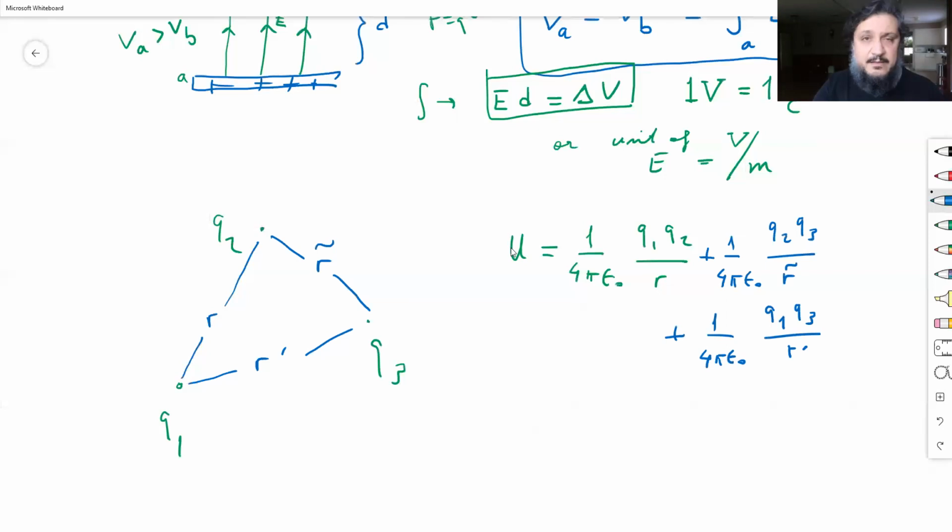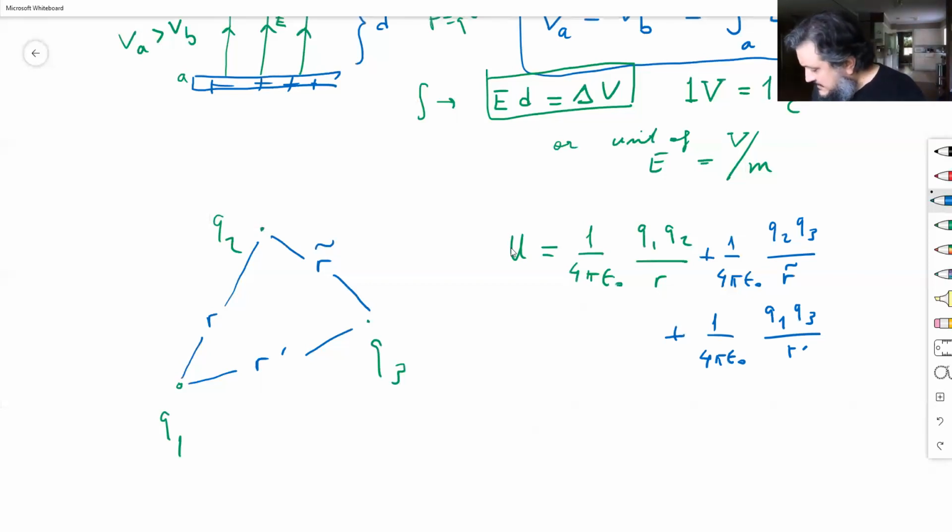You keep adding and consider all pairs available. This will give you the total energy of the system. Now what is left? Let's find electric potential for a given charge distribution.